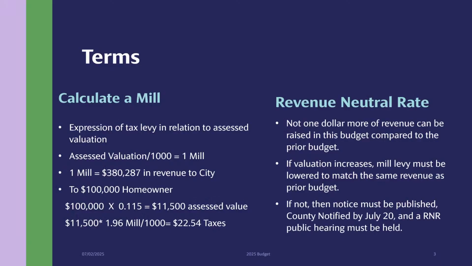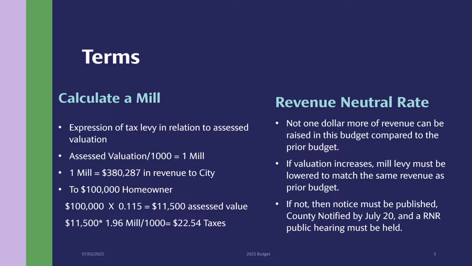For a $100,000 homeowner, you take that 100,000 times 0.115, and you get 11,500, and that's the assessed valuation. That assessed valuation times 1.96 divided by 1,000 is 22.54 tax dollars for the year.